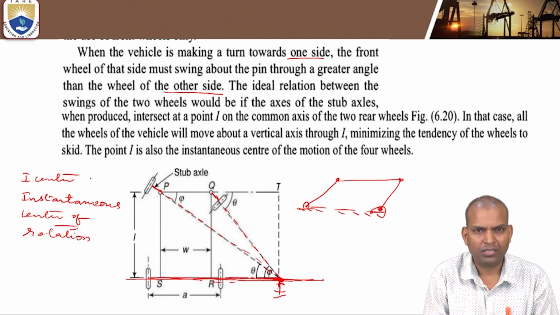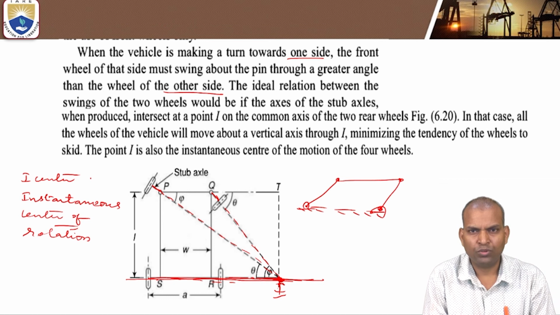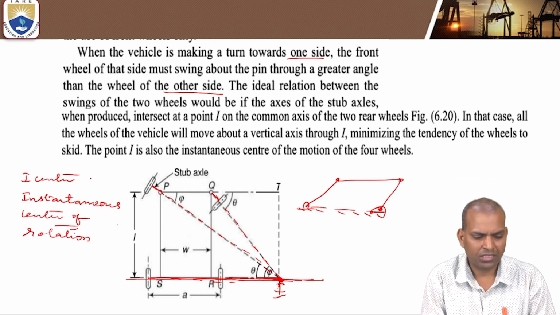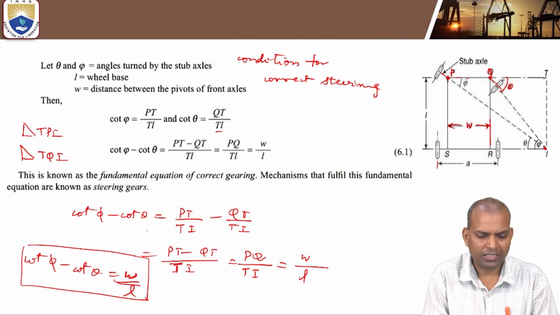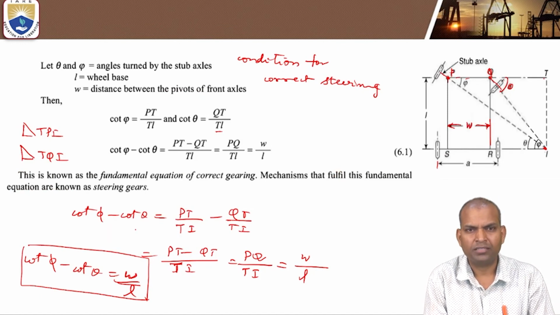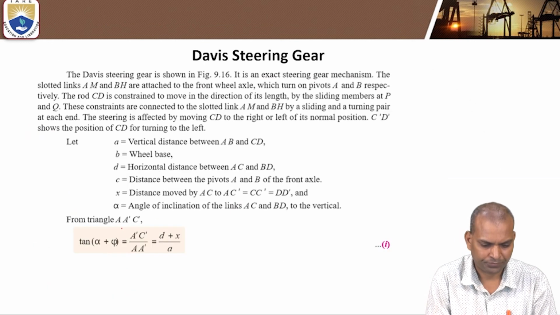The principles are Arnold-Kennedy's theorem, or I-Centers theorem, or three-centers-in-line theorem. And one more very important thing is the condition for correct steering, which is so important in order to avoid wheel skidding or vehicle skidding.